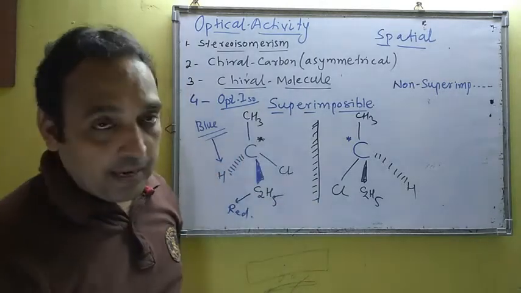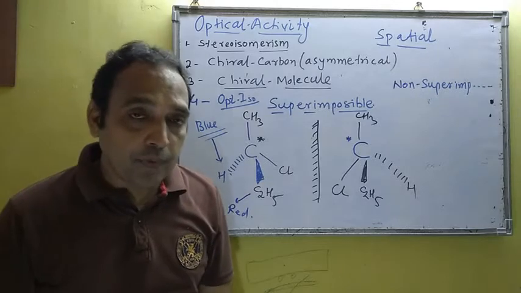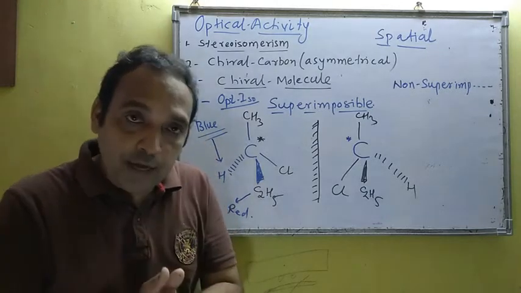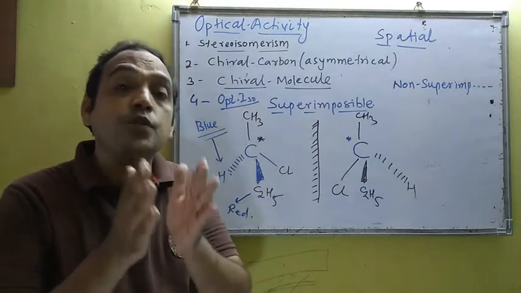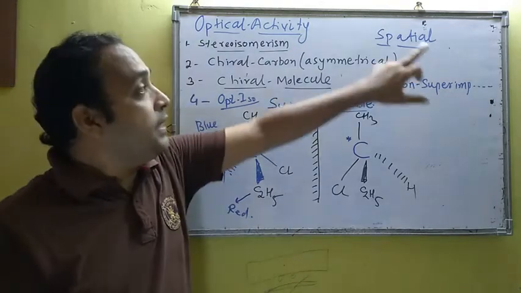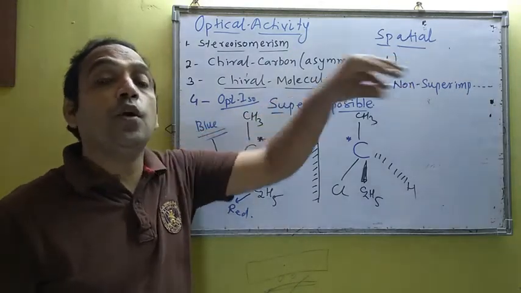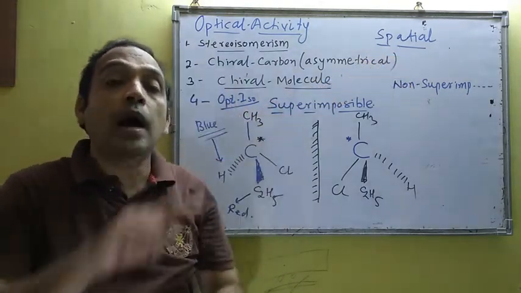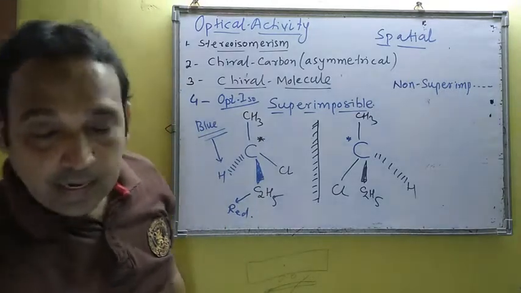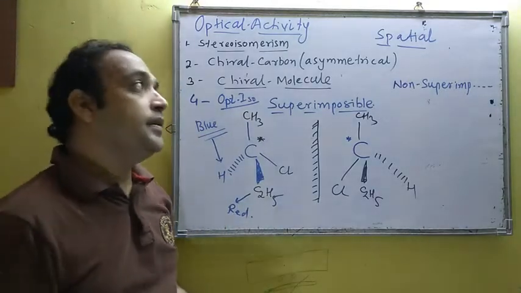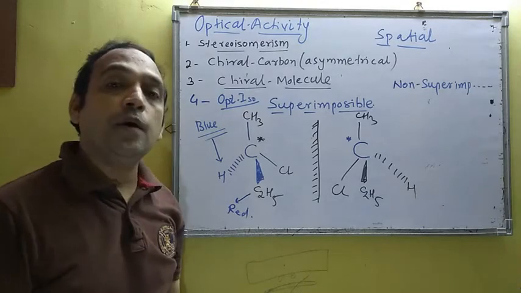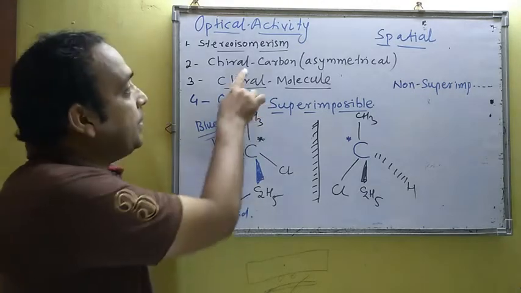What do we call optical isomers? The stereoisomerism in which isomers have different spatial arrangement of atoms or groups around an asymmetric carbon, a chiral carbon.